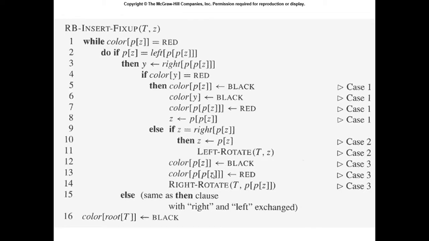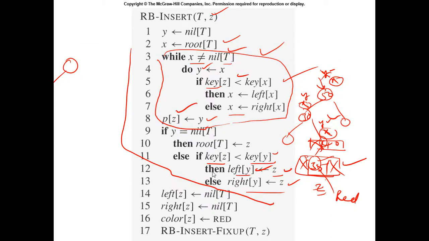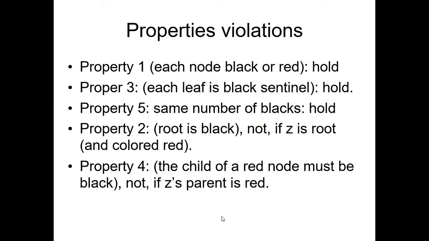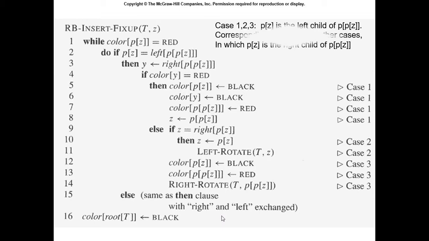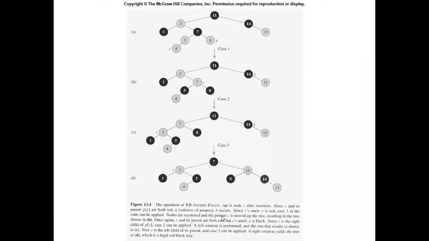Now let us go to the insert fix up after you insert the node. Here you can see insert is very similar to that of a binary search tree. After you insert the node, you color it red, and then call the insert fix up to adjust the colors, right? So checking these five properties, if anything gets violated, we will be identifying three possible cases: case one, case two, case three.